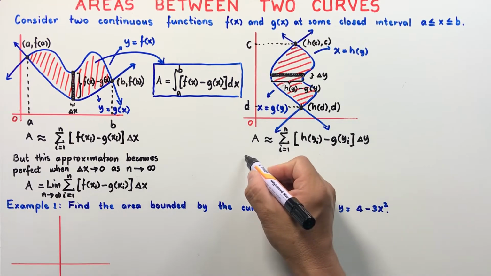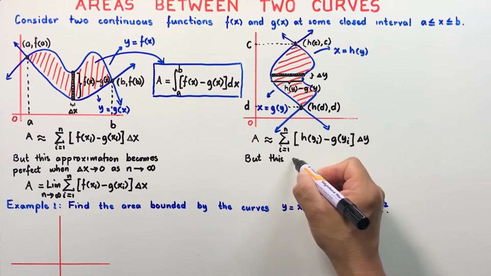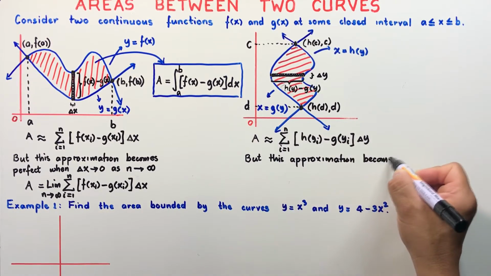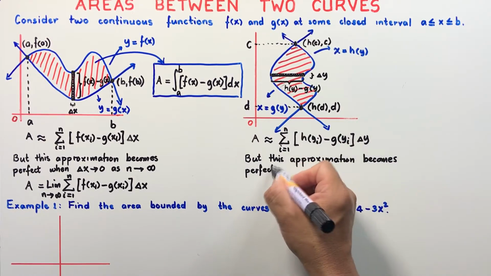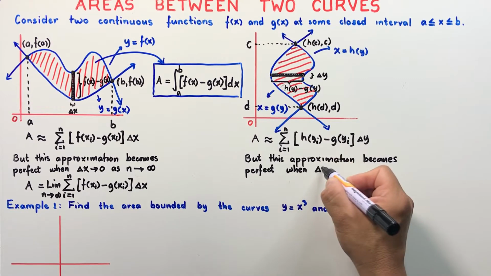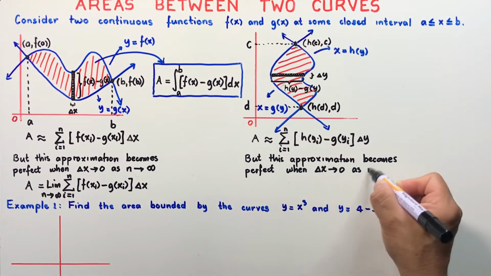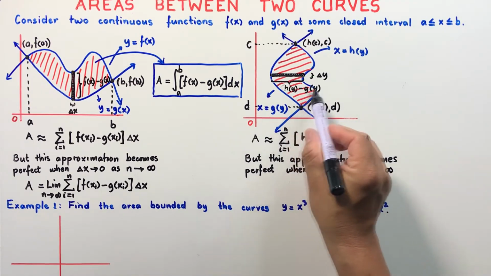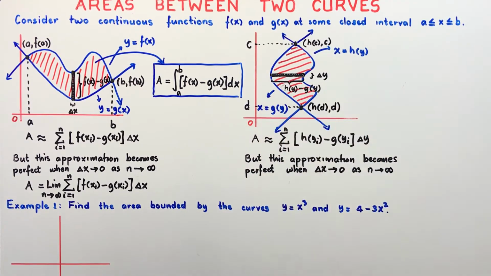However, this approximation becomes perfect when you slice the whole shaded region into infinitely many slices. So you will slice it infinitely many times, not only 100, thousands, not only 1,000,000, billions, but infinitely many.